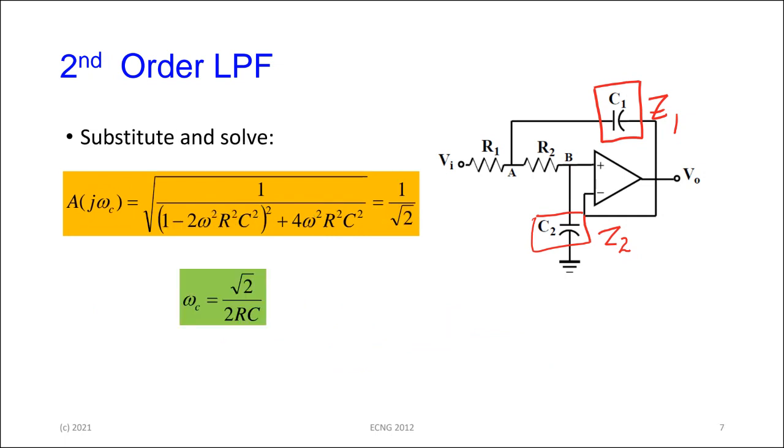So again, if you juggle around, if you substitute and you solve, the magnitude of A j omega, and probably I should have put that in some magnitude brackets there, is a complex number.